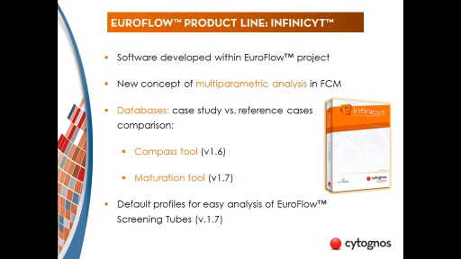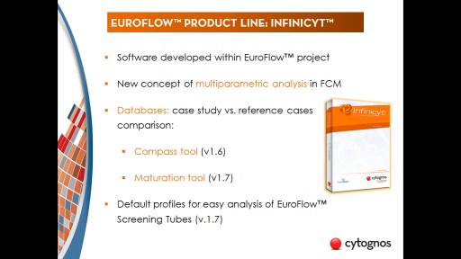There are two kinds of database cases. First is the Compass tool designed for the chronic lymphoproliferative disorders, B, T and NK, so all these panels, BCLPD, TCLPD, and NKCLPD, and also the maturation tool, where we are studying maturation patterns in bone marrow for the study of MDS.